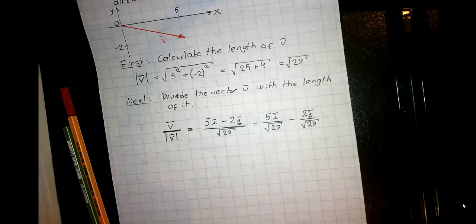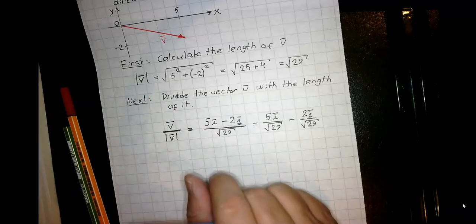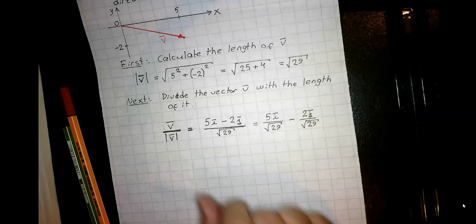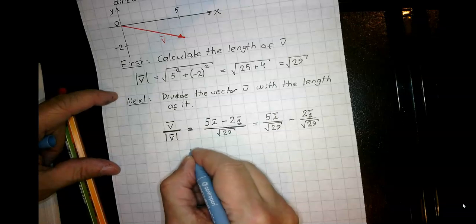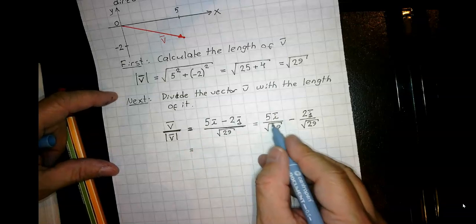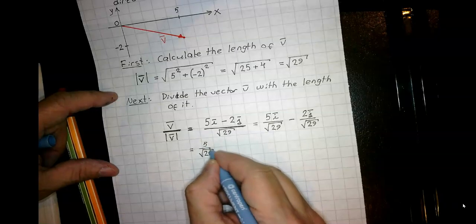Right now I'm writing all the intermediate steps, but many times when we are trying to find the unit vector, we skip those intermediate steps because it is very easy to see how you get that final answer. So we may express this this way.